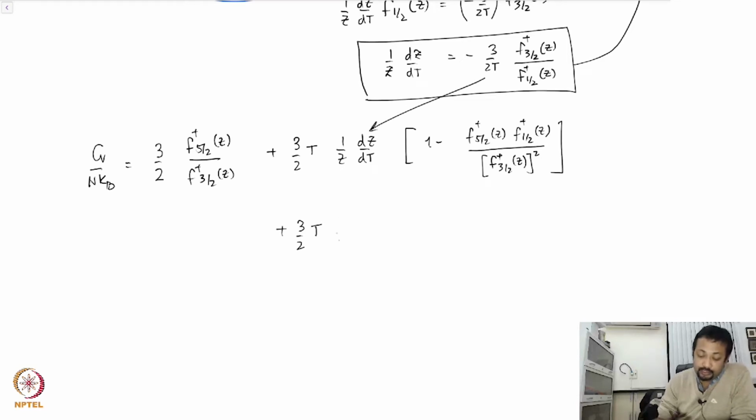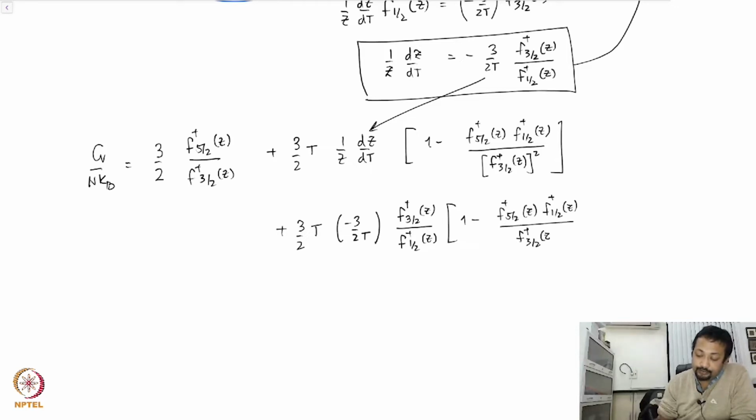So this over here, I have minus 3 by 2 times 1 by t, and I have f plus 3 by 2 z divided by f plus half of z times 1 minus f plus 5 by 2 of z f plus half of z divided by f plus 3 by 2 of z whole square. Complete the bracket.